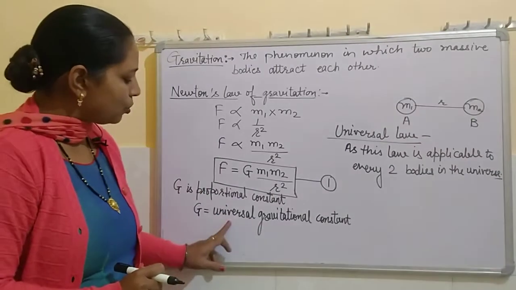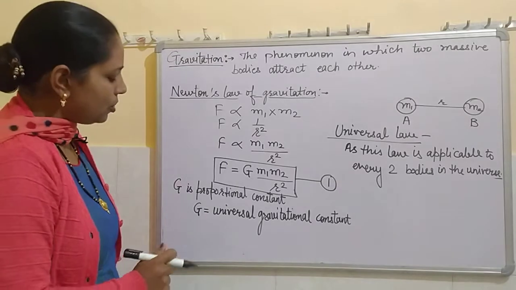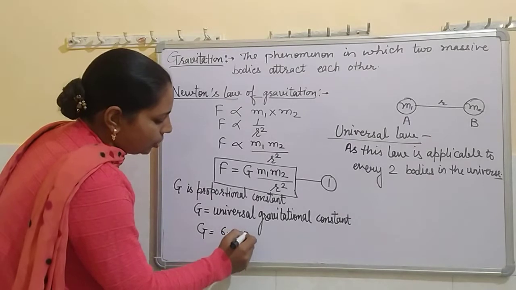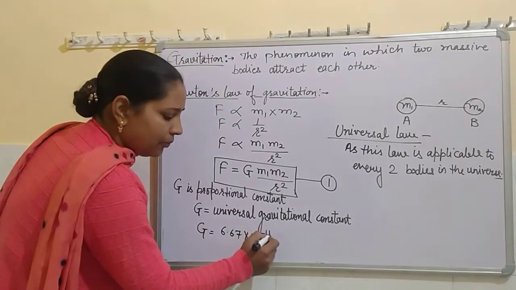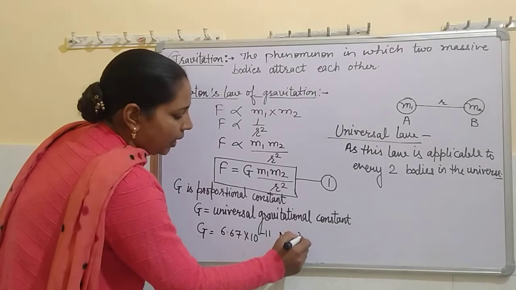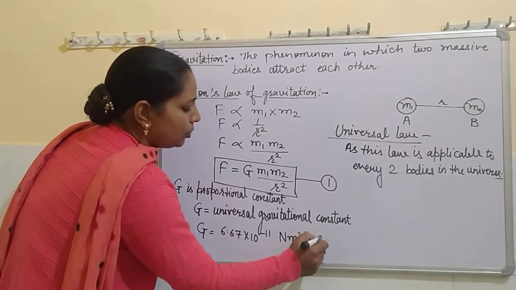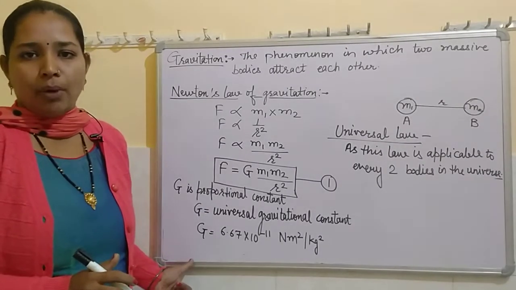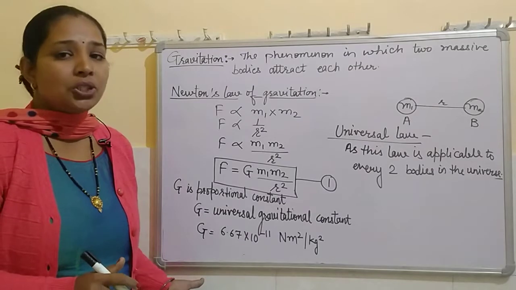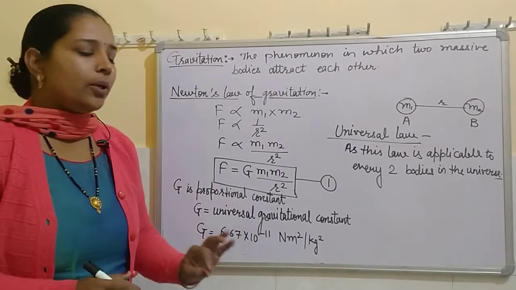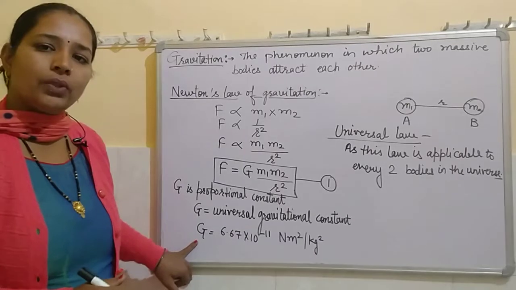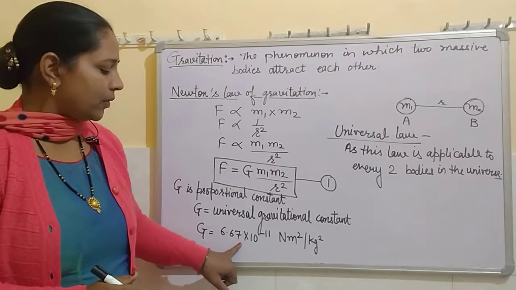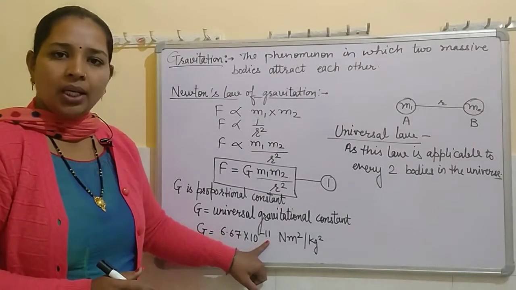Why is the word universal used for capital G? Because the value of capital G, that is 6.67 into 10 raised to the power minus 11, is the same at every place in the universe. Either you measure this value of G at a mountain, at sea level, under the sea or in space, at every point in the universe the value of this gravitational constant comes out to be 6.67 into 10 raised to the power minus 11.